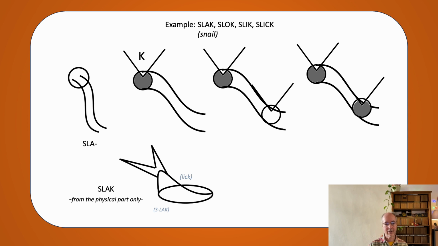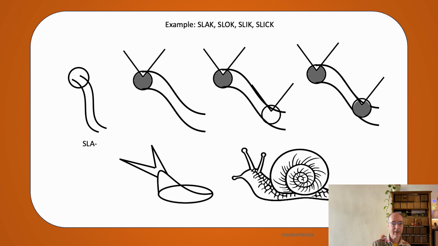So the word lick is very easily associated there as well. But SLAK, as SLAK, so the snail, is recognizable. I also can say something about the part that is missing, but that's not what I'm going to do here. SLAK is very easily associated simply by following the reference points of the letters and how they are combined. Let's go for the next words.